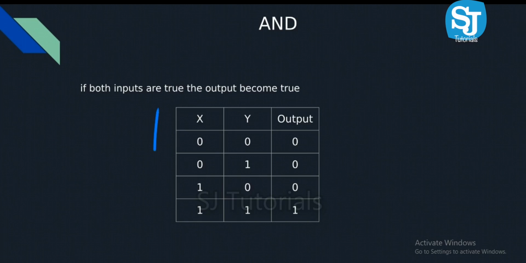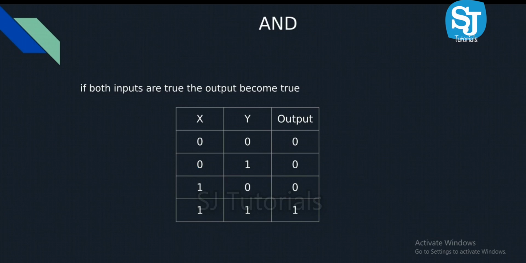The truth table of the AND gate is here. Its peculiarity is that if both the inputs are true, the output becomes true. Otherwise, the output becomes false or 0. Here, true indicates 1 and false indicates 0. If any single one of the inputs is false, the output is also false.